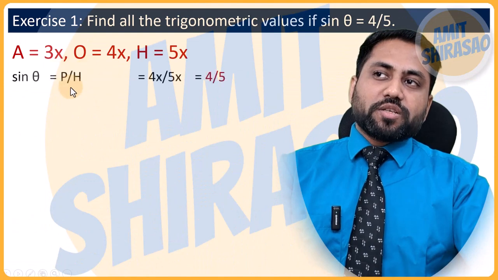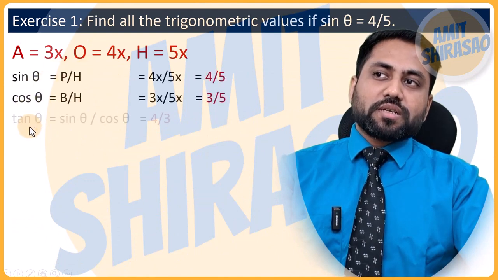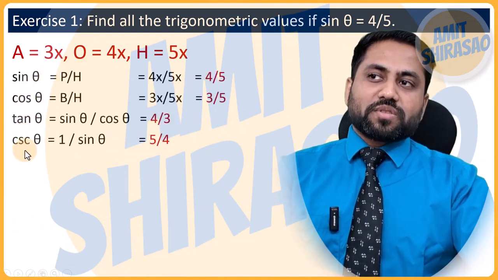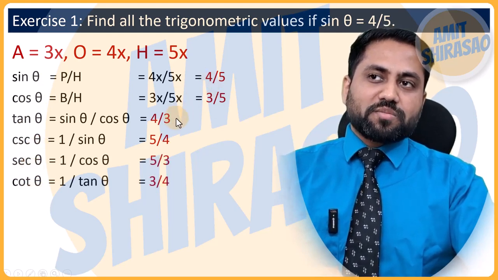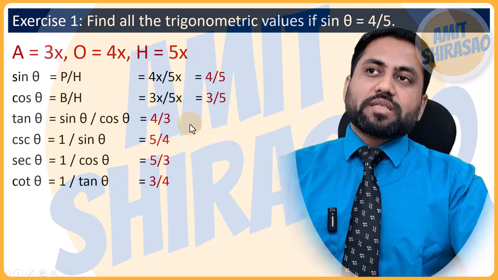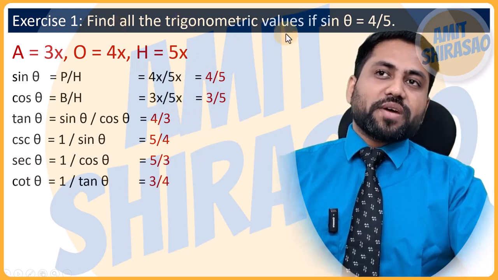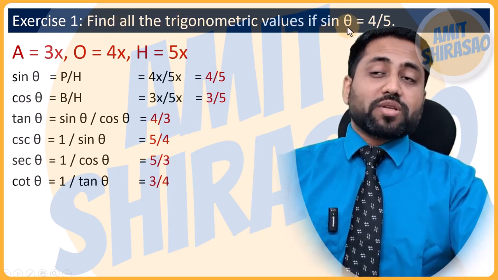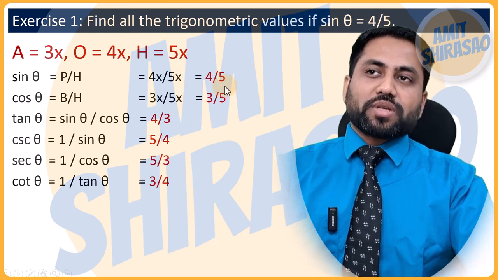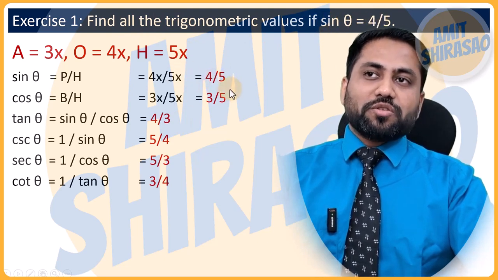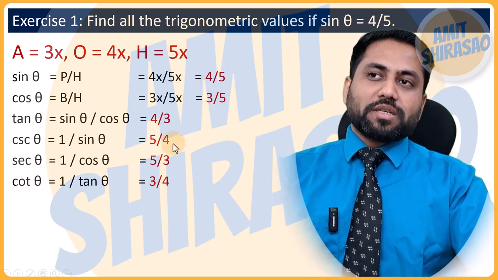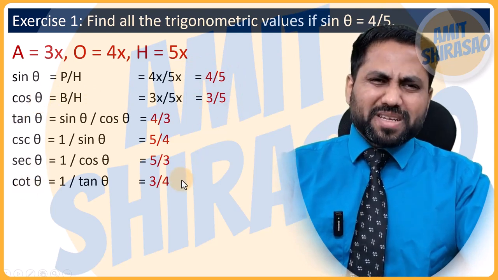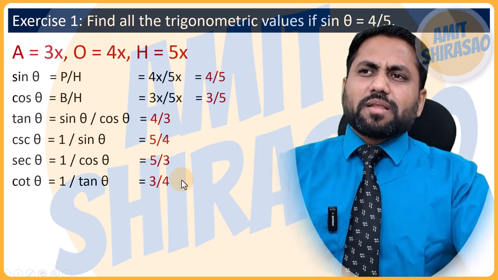Now just put those values into sine theta, cos theta, tan theta, cosec theta, sec theta, and cot theta, and you'll get the respective values. And that is what was asked in the question: find all the trigonometric values if sine theta is equal to 4 by 5. Sine theta was already given, so there was no need to calculate this. But cos till cot can be calculated like this. Got the idea? Simple.